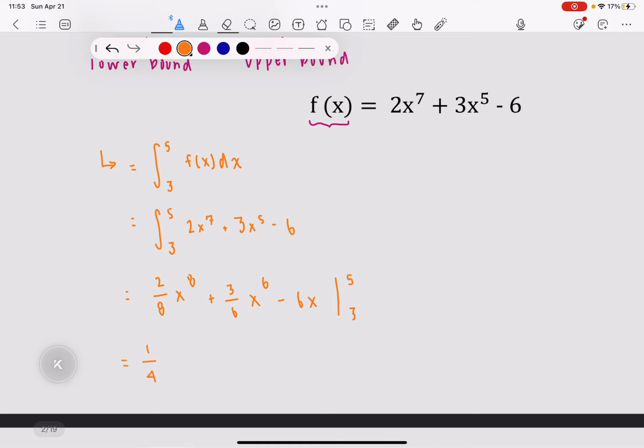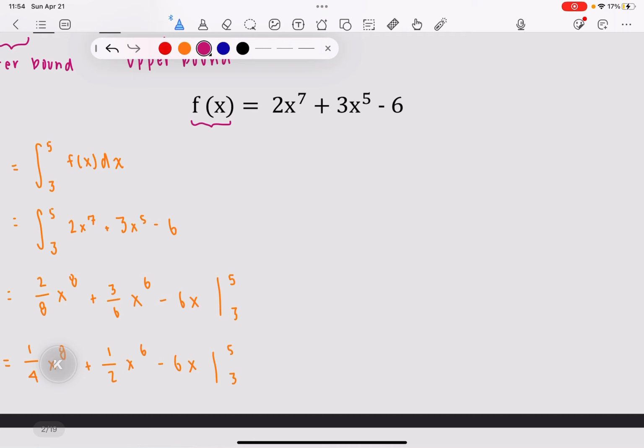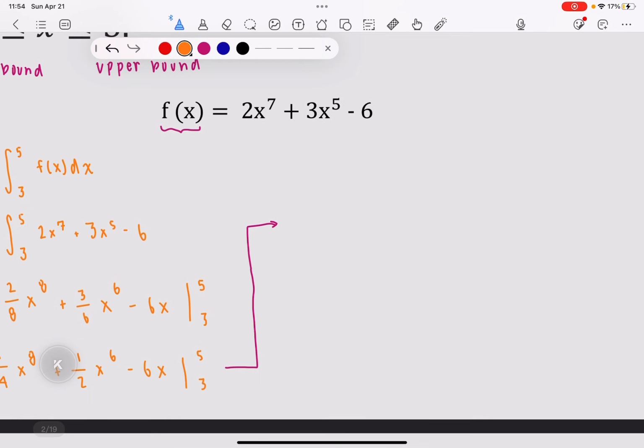I'm going to be simplifying this down as much as I can in order to give us an easier problem to set up. So it'll go like this. And I'm going to put this in big parentheses so we know what we're multiplying and adding together so we don't get mixed up.